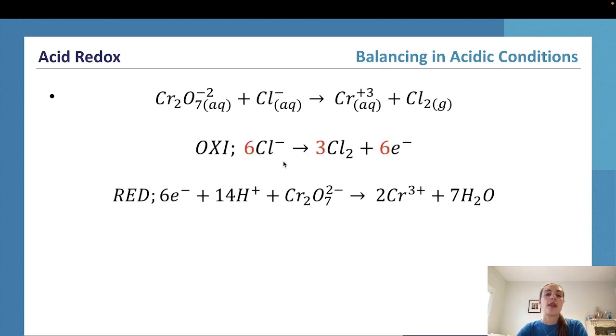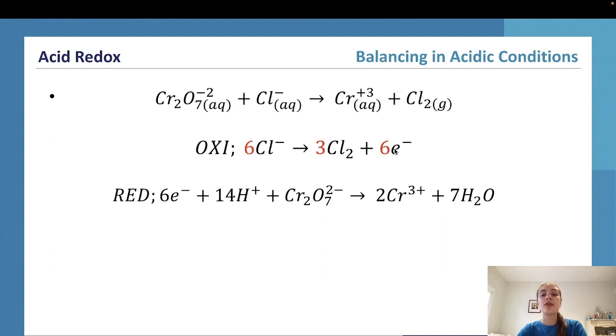So the reduction reaction stays the same, whilst the oxidation reaction, multiplied by 3, becomes 6 Cl- makes 3 Cl2 plus 6 electrons.